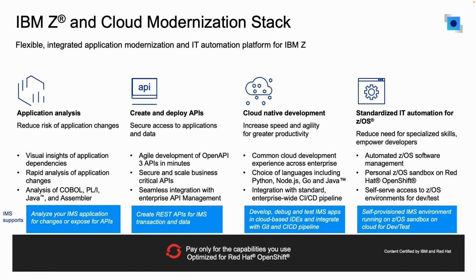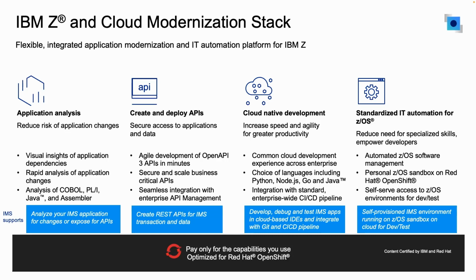So there are a couple of cool features that come out of the cloud modernization stack, and one of those that we want to show you is that it comes with a ready-to-use z/OS sandbox actually running on the cloud in the Red Hat OpenShift Container Platform.